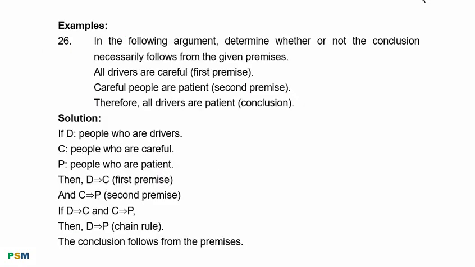Example 26. In the following argument, determine whether or not the conclusion necessarily follows from the given premises. All drivers are careful. First premise, careful people are patient. Second premise, therefore, all drivers are patient.